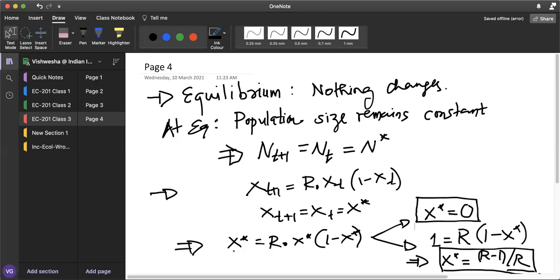So what we have found is that this simple model, which is also called the discrete-time logistic population model, has two equilibria. One is 0, meaning an extinct population, and then it can also have another equilibrium, which is given by R minus 1 divided by R.